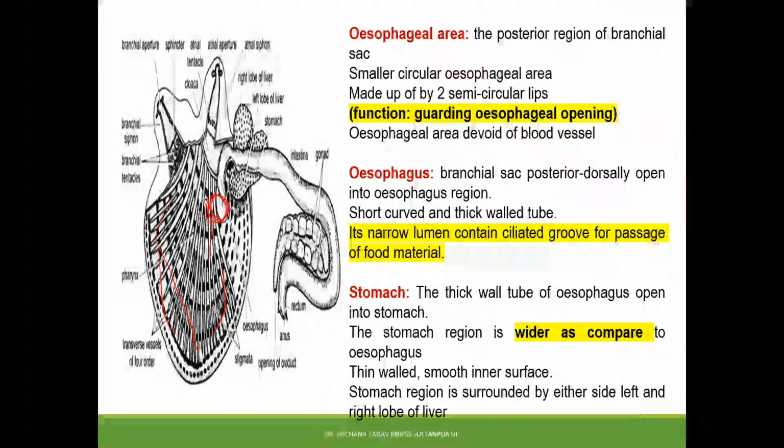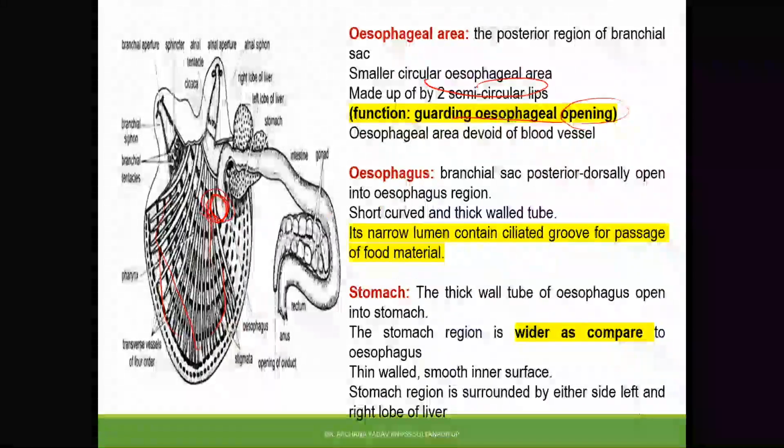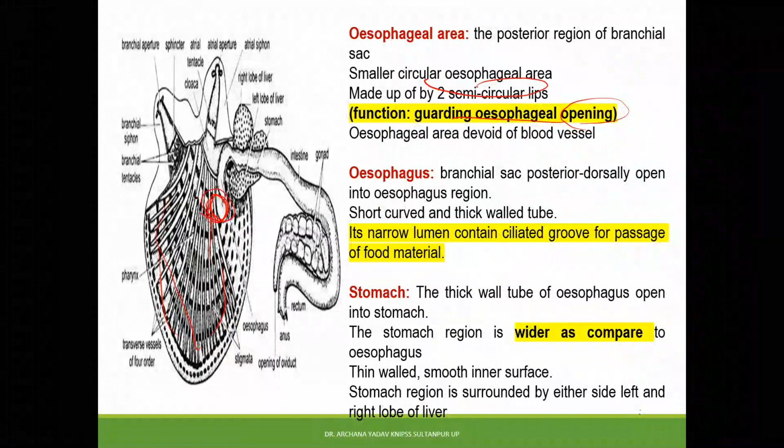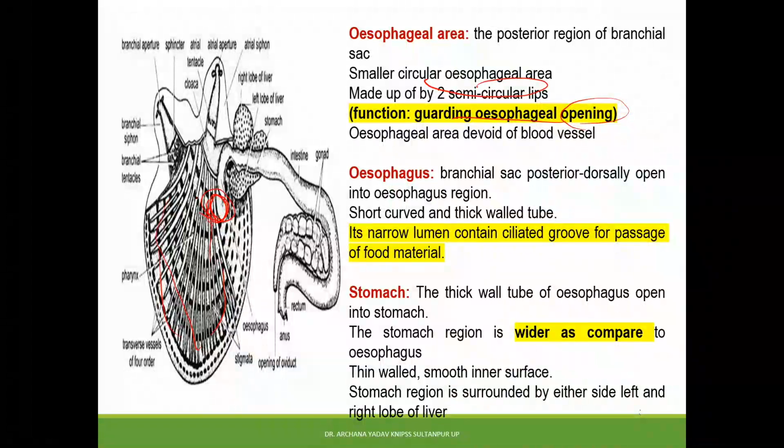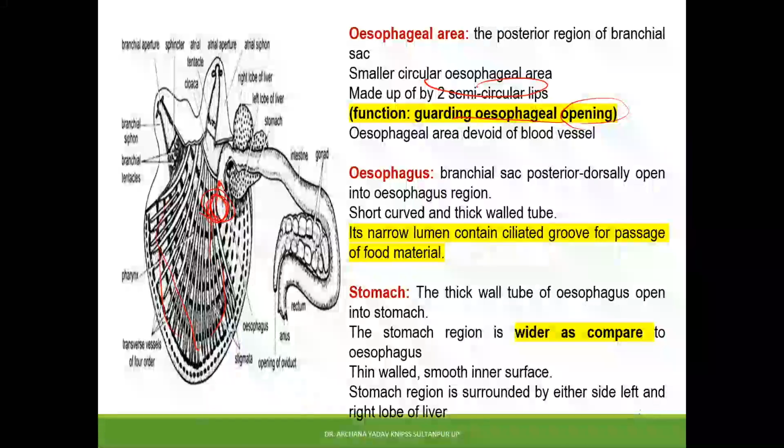It is a smaller circular esophageal area, made up of 2 semicircular lips, and its function is guarding, creating esophageal opening and closing. The esophageal area is devoid of blood vessels. And next, it leads towards the esophagus.